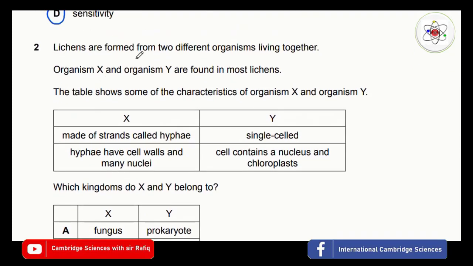Lichens are formed from two different organisms living together. So organism X and organism Y are found in most lichens. The table shows some of the characteristics of organism X and organism Y. Look at the description of X: made of strands called hyphae, and hyphae have cell walls and many nuclei.